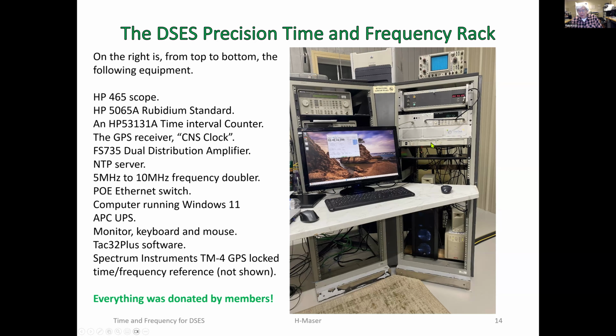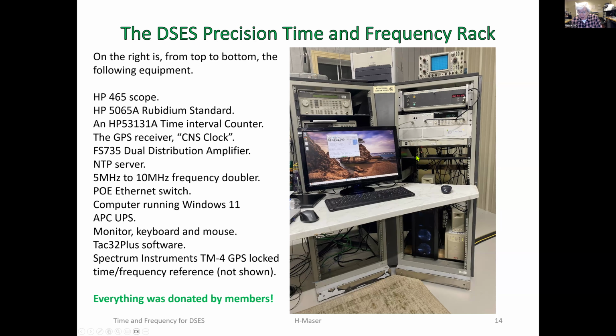Below that is a distribution amplifier, which we use to distribute the frequency coming out of the, well, actually, the frequency that comes out of this rubidium is 5 megahertz.